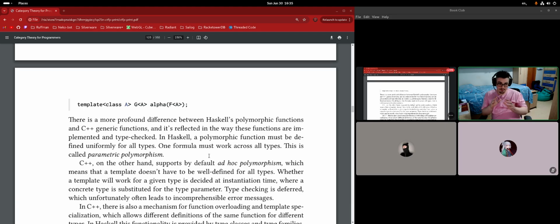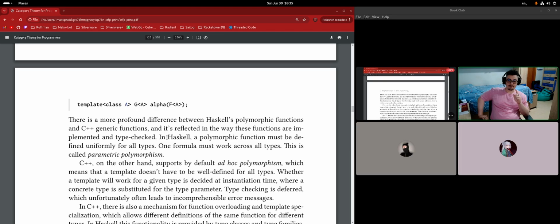Here we're gonna see a very important difference, a semantical difference, not only syntax, on how C++ handles it and how Haskell handles the situation. In Haskell, a polymorphic function must be defined uniformly for all types.